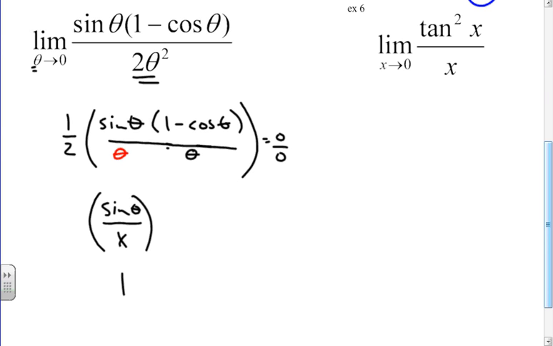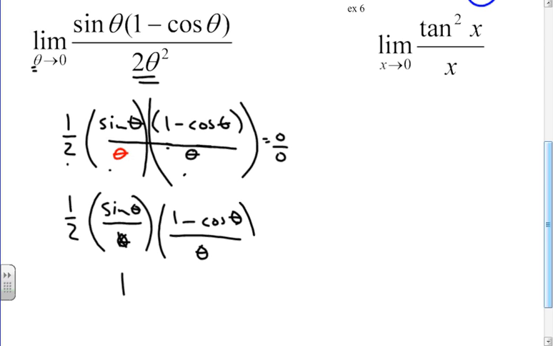If you recall then, what we have are actually 3 different functions. We have the 1/2, we have sine of theta over theta, and now we have 1 minus cosine theta over theta. Well, 1/2 is 1/2 when you take the limit as theta goes to 0. Sine of theta over theta, as we've been doing before, is equal to 1, but in the last one we did of our 2 important ones, 1 minus cosine theta over theta is approaching 0. So now we have 1/2 times 1 times 0, which equals 0.